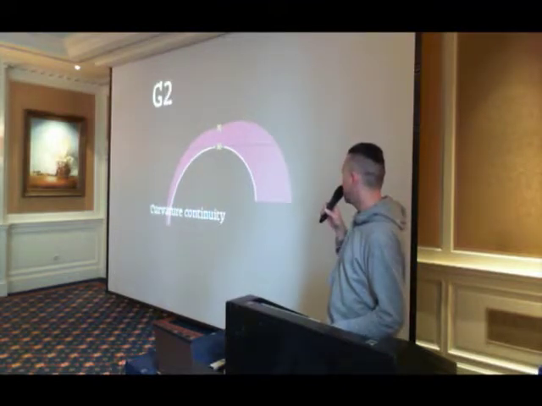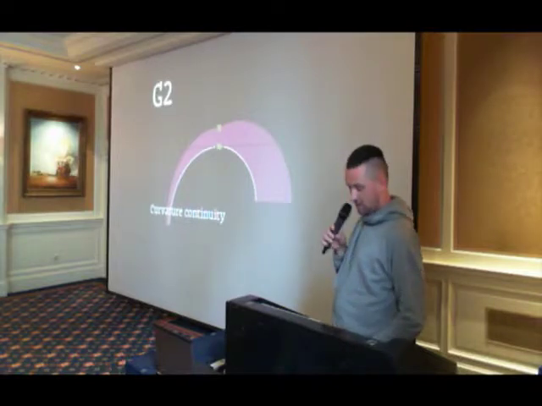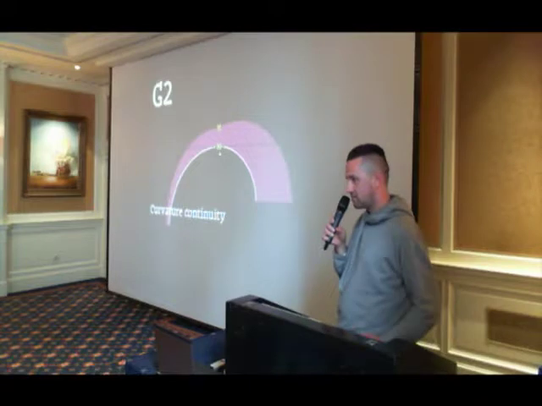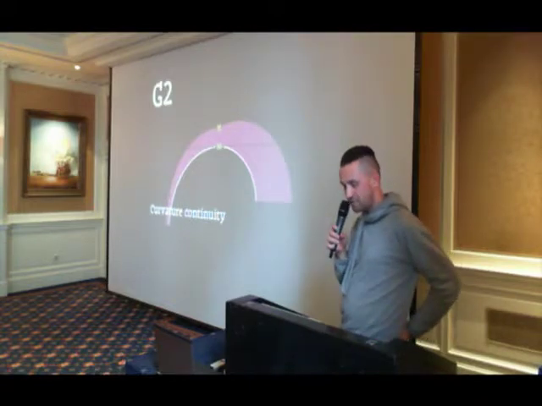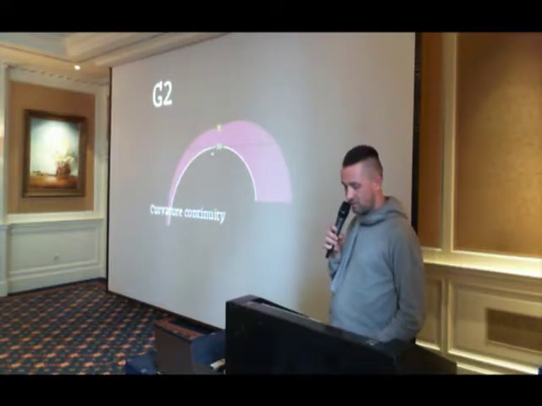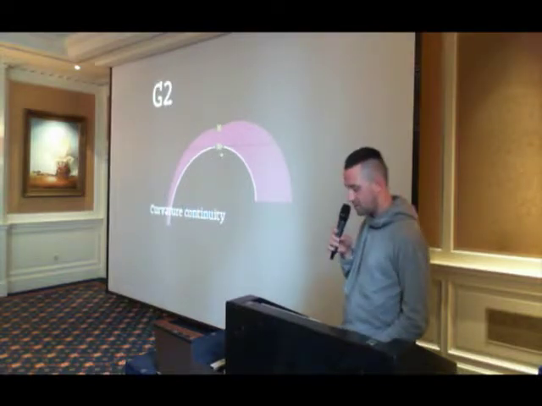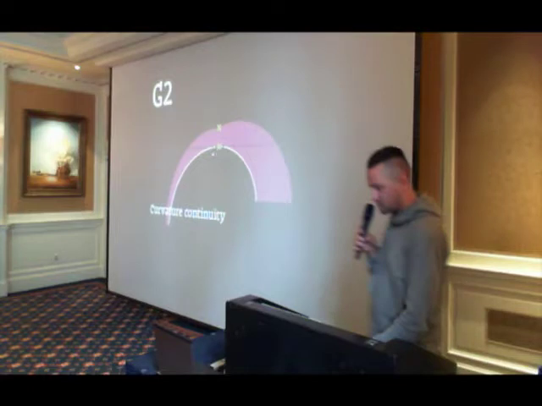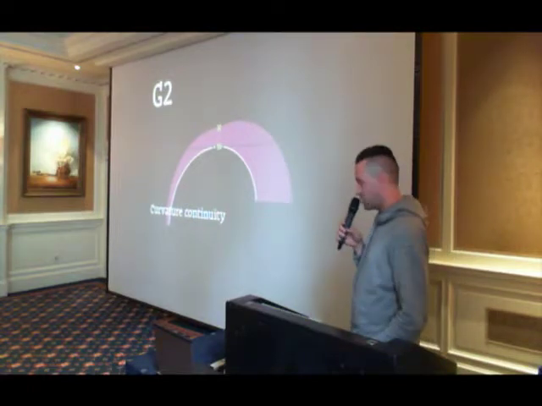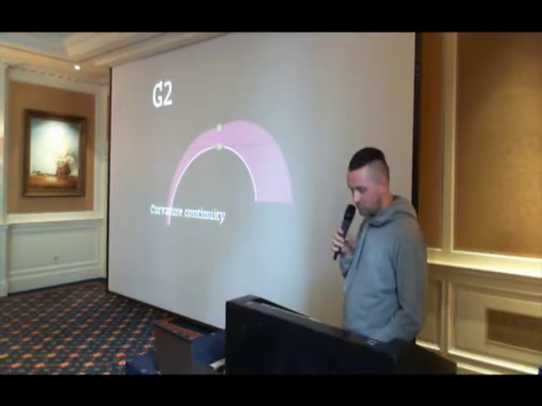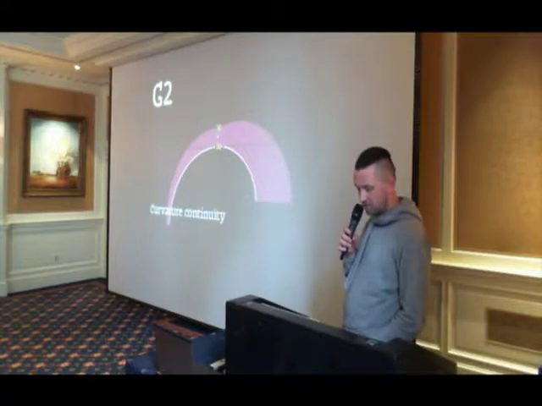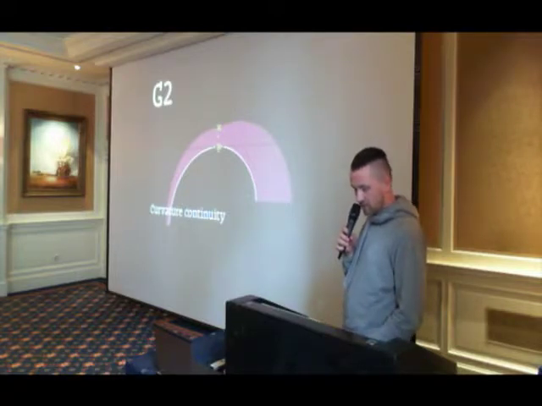Then there's G2, curvature continuity. This is what I think we should try to achieve in type design. Whenever you have these on-curve points and there's curvature on both sides, this is what should be achieved, which is why I made this tool, which will help you in achieving that.